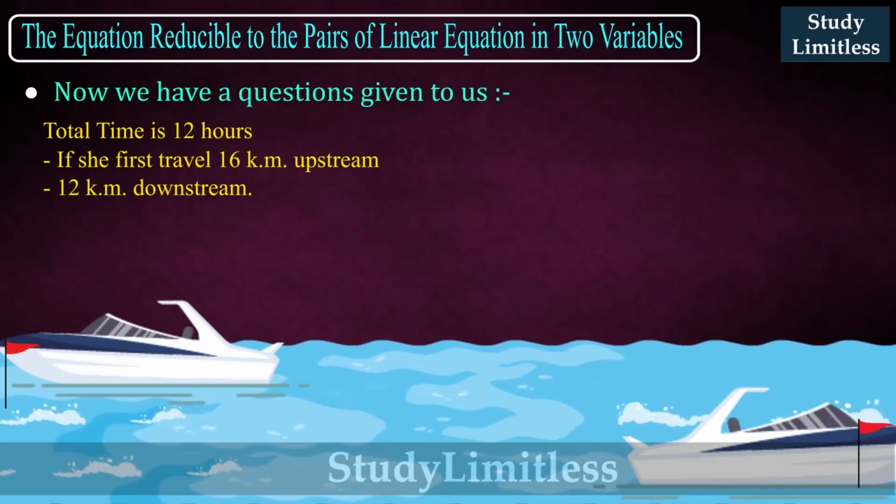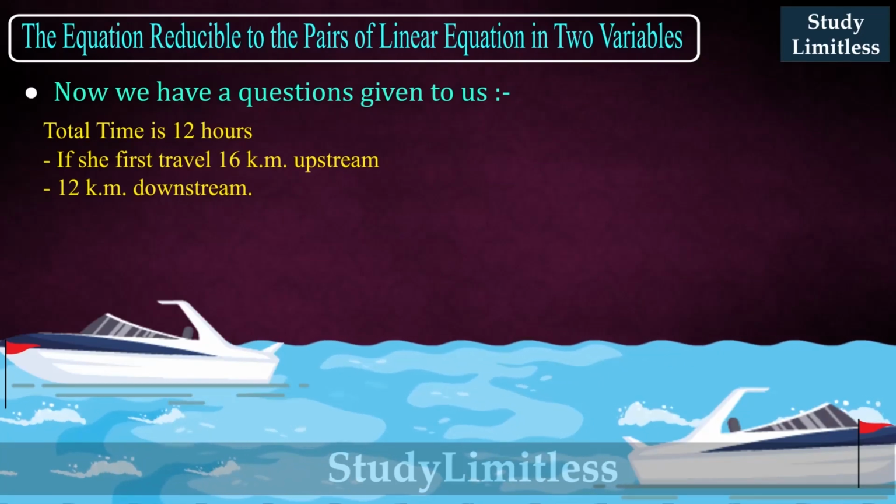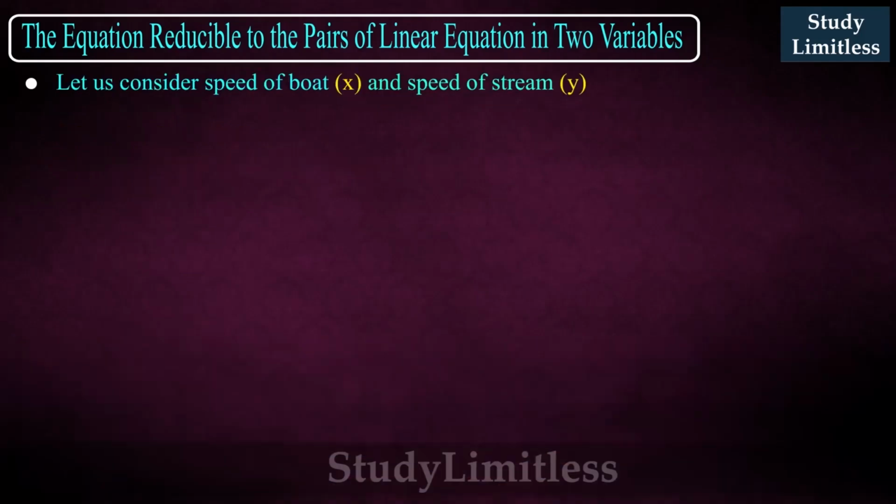Upstream means that the boat is traveling in the opposite direction of the flow of water in the stream, and downstream means the boat travels in the same direction as the stream. Therefore, if we consider the speed of the boat as x and the speed of the stream as y, for the upstream direction the time taken would be 16 upon x minus y, that is distance upon speed.